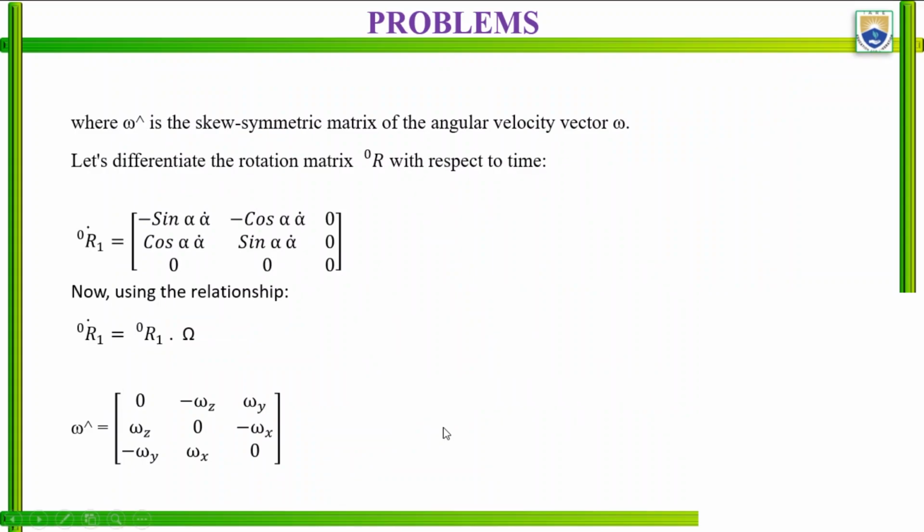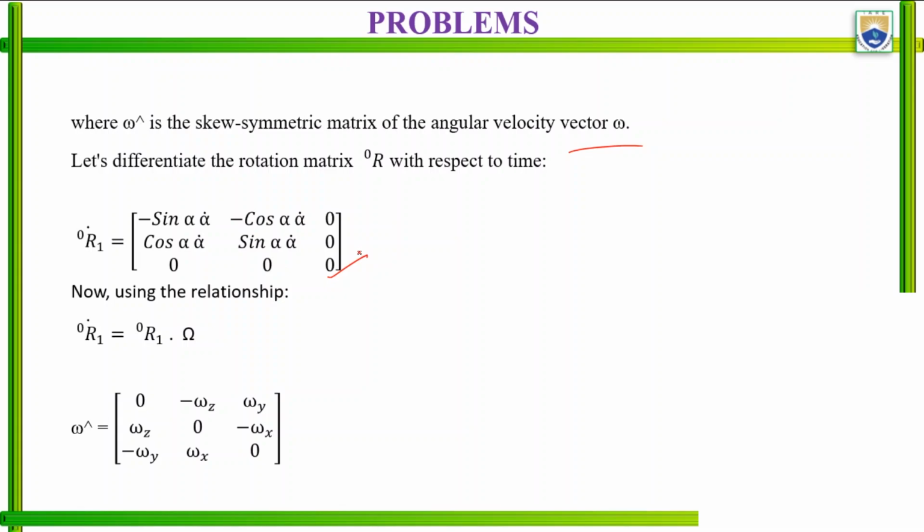Now, since the angular velocity is represented by the skew-symmetric matrix for the vector omega, the matrix will be R1 0 dot equals minus sin alpha into alpha dot, minus cos alpha into alpha dot, 0; cos alpha alpha dot, minus sin alpha alpha dot, 0; 0, 0, 0.